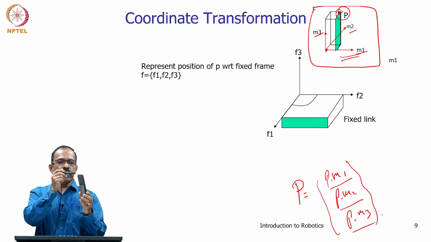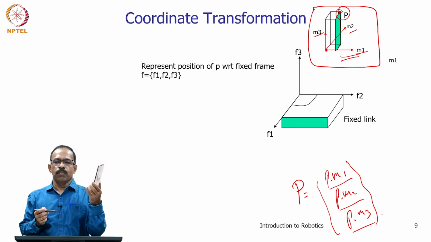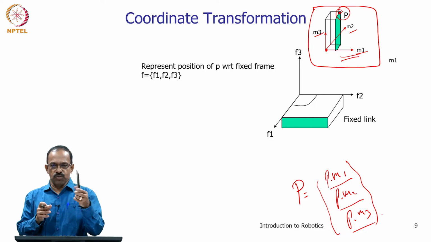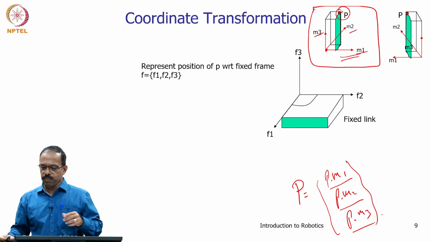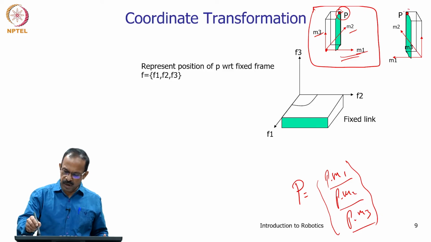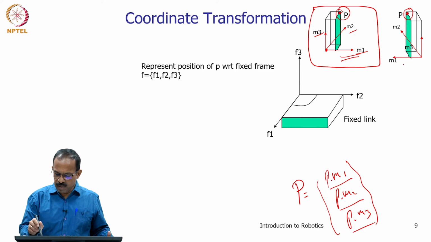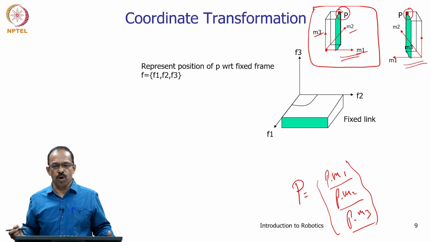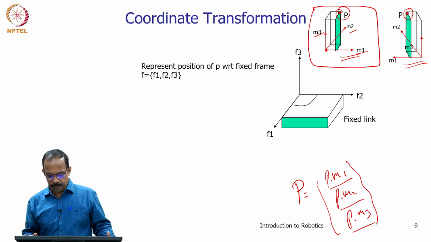Point p has rotated, and I want to know the position of p after rotation with respect to the frame now. The frame also rotated along with the object, and you want to know the position of p.